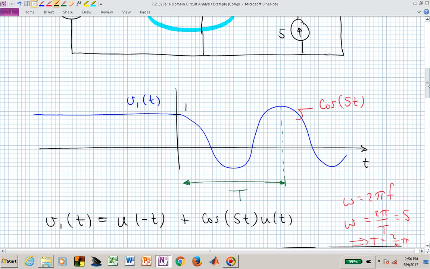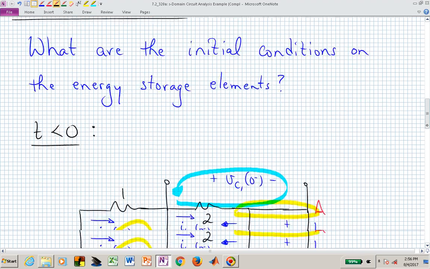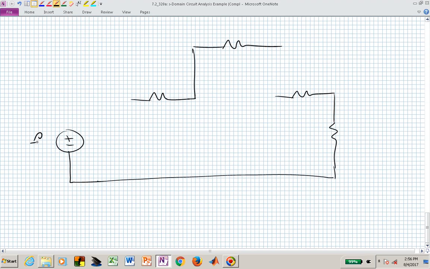Now we need to Laplace transform that cosine, which is s over s squared plus omega squared. Omega was 5, so we have s over s squared plus 25. This is 1, this was 5, this was 2, and this was 8, and we no longer have to worry about that current source. It disappears for non-negative values of time.